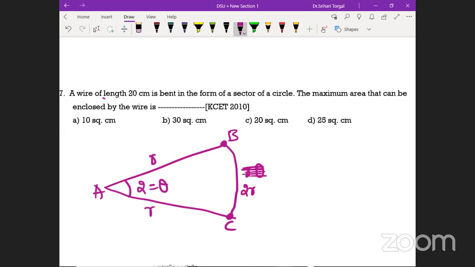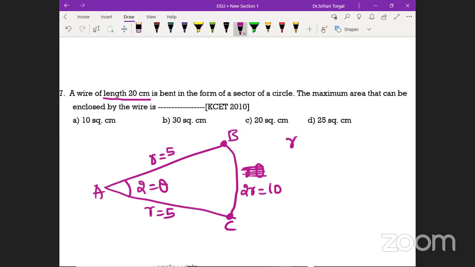Now, what is the length of the wire? It is 20. Then this should be 5. This is also 5 because the radius is the same, and this is 10. Is that okay now? The total length has become 20, correct? 5, 5, and 10. Total length will be 20.